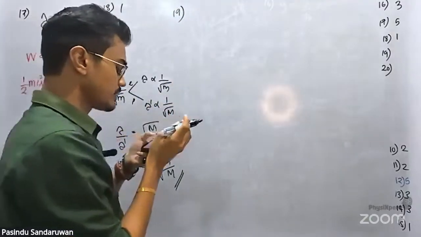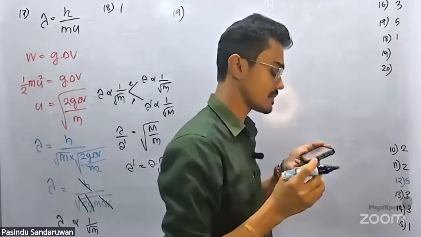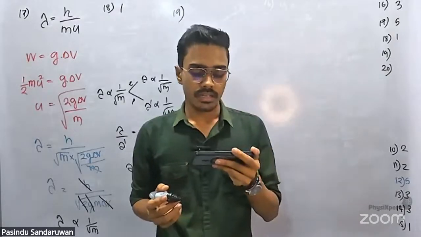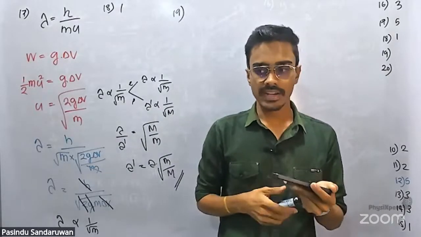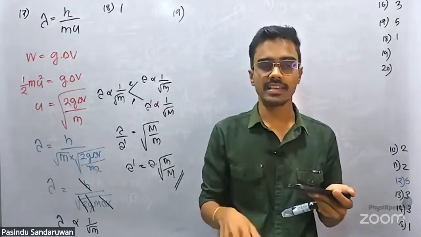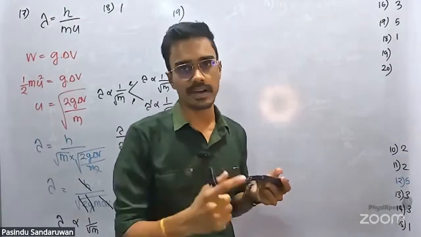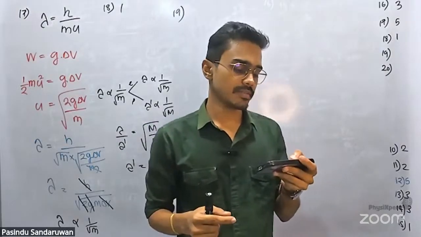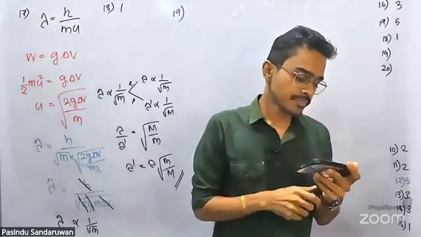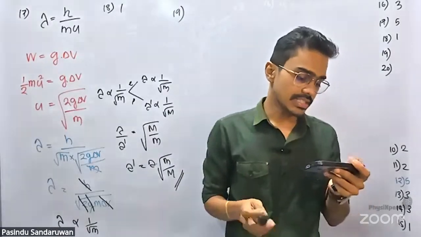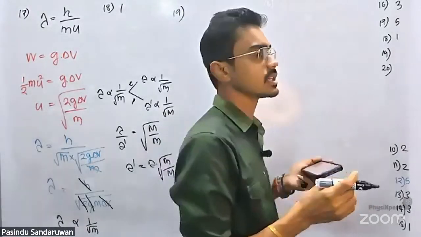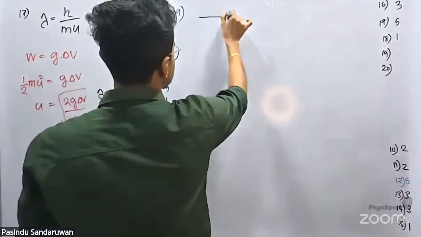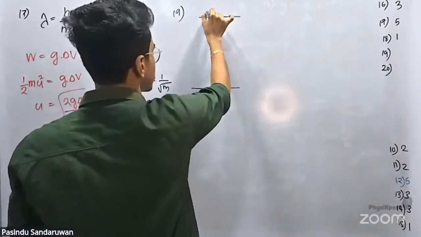The ice point of a thermometer has been marked as -10. Thermometers are a very easy part, actually the easiest part in thermal physics. This is about incorrect thermometers, and this is one of the easiest types of questions we have.